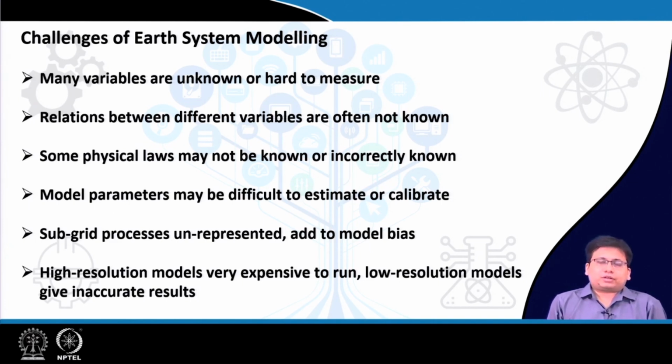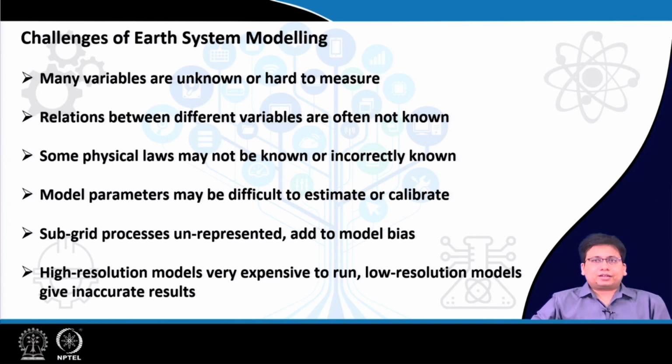Another very crucial factor is that high resolution models are very expensive to run. That is, one way to circumvent the problem of subgrid processes is to of course reduce the grid size and make the model as high resolution as possible, so that there are fewer and fewer unresolved processes, but that also makes the model much more computationally challenging.